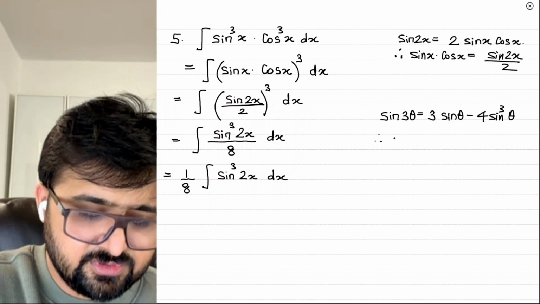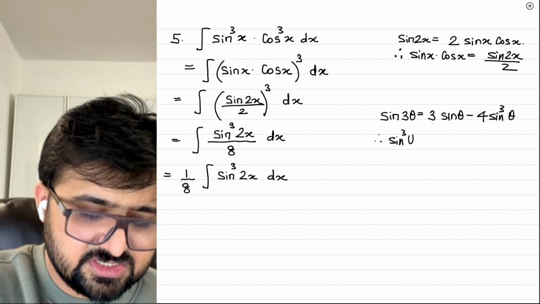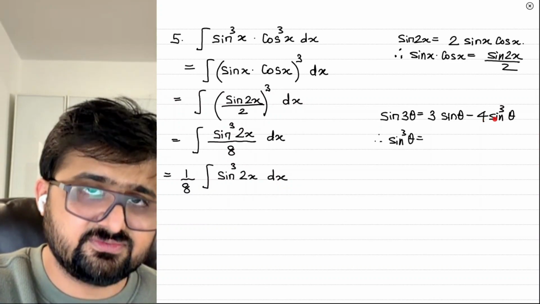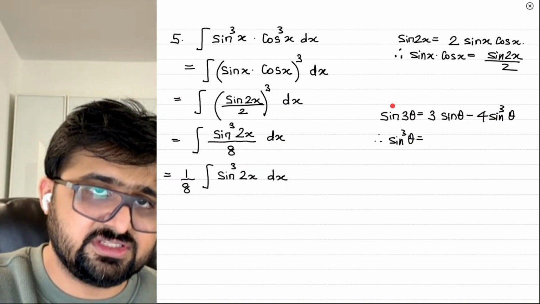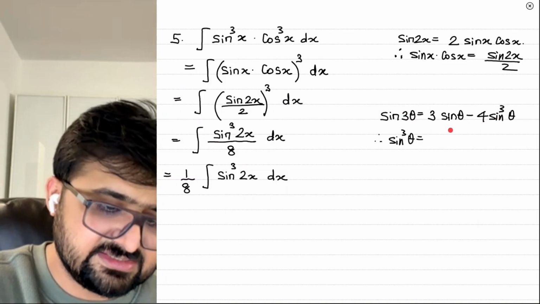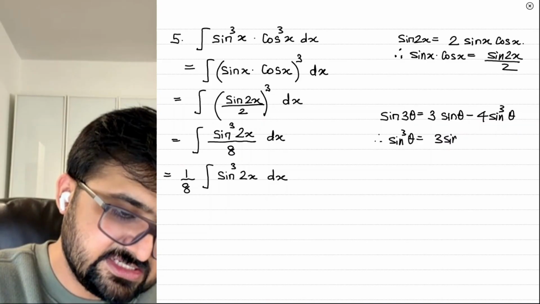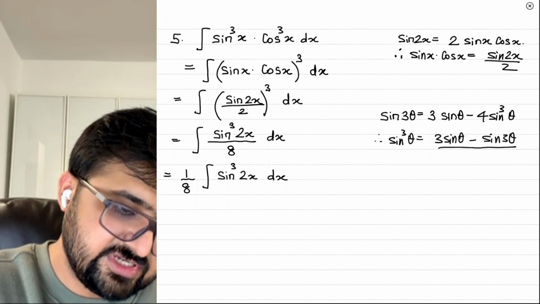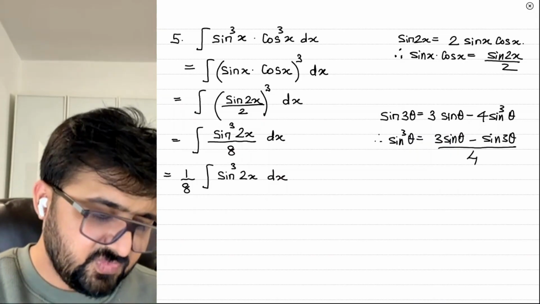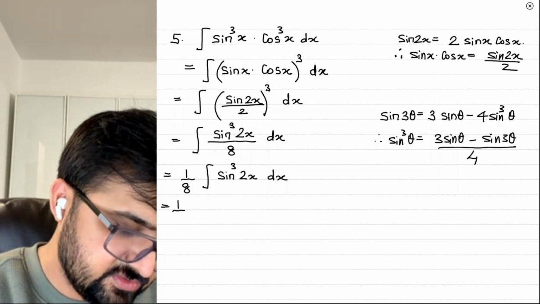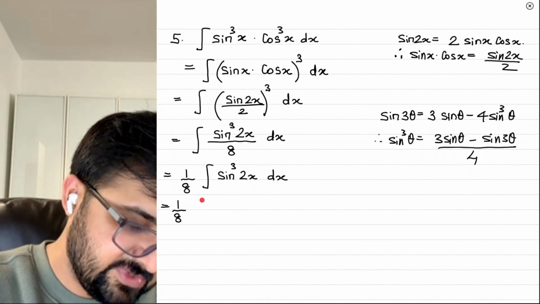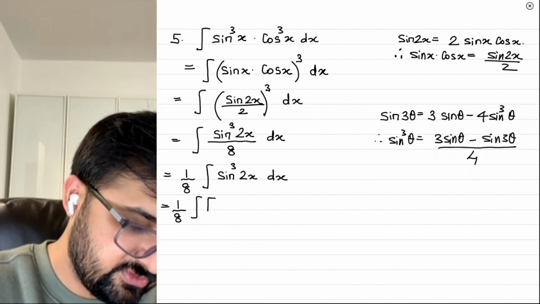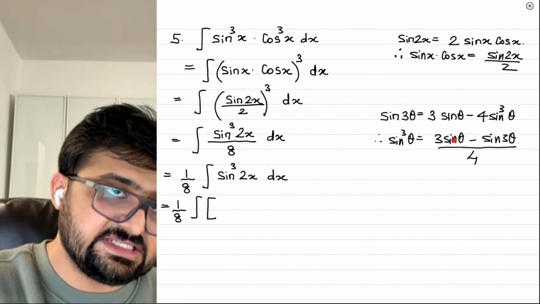Therefore, take sine cube theta on the left side, take sine 3 theta on the right side. So I get 3 sine theta minus sine 3 theta divided by 4.